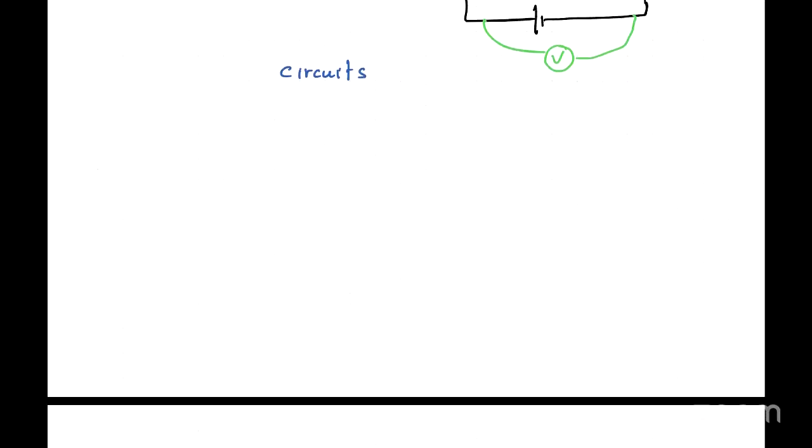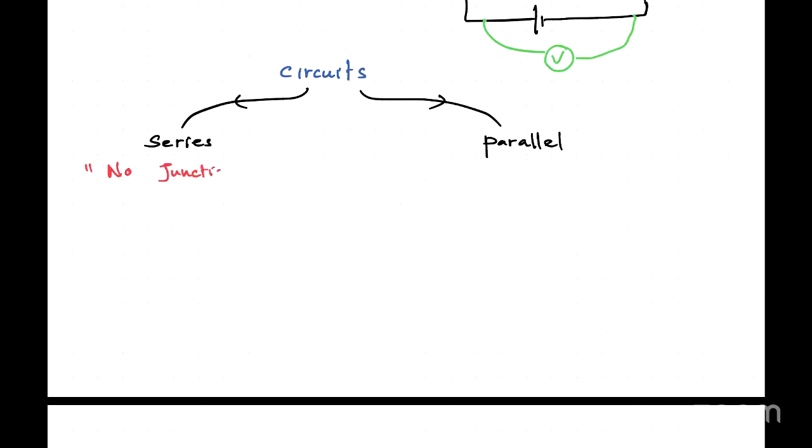When it comes to circuits, they can be divided into two major groups: series circuits and parallel circuits. In series circuits, the simple definition is that you don't have any junctions or branches.